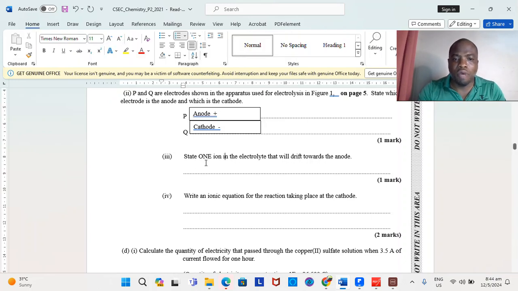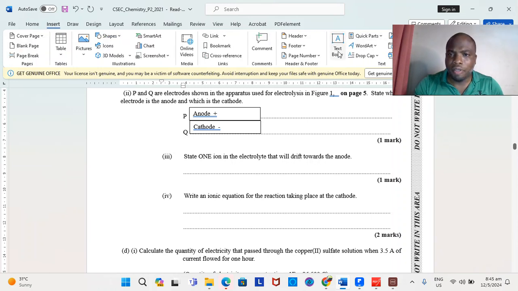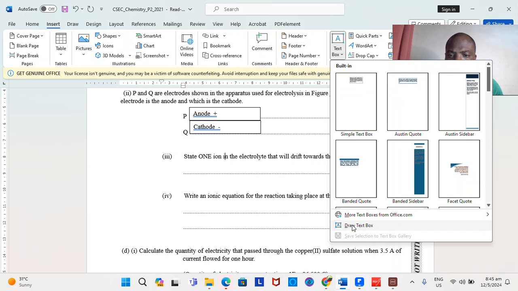Now it says state one ion in the electrolyte that will drift towards the anode. And I indicated right here that we have two basically going towards the anode, but they ask you for one.